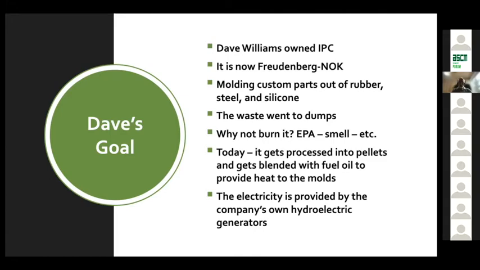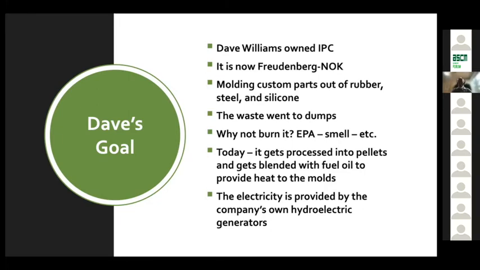They make their business molding custom parts out of rubber with steel and silicone parts. In the molding process there was waste. We take the rubber and we put it in the mold, and there was always excess material, and that excess material would go to the dump.